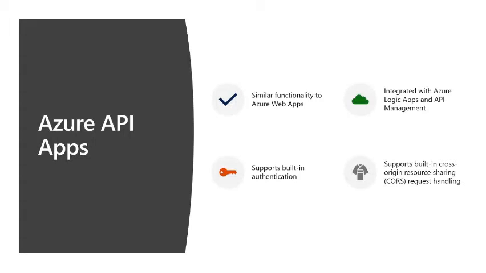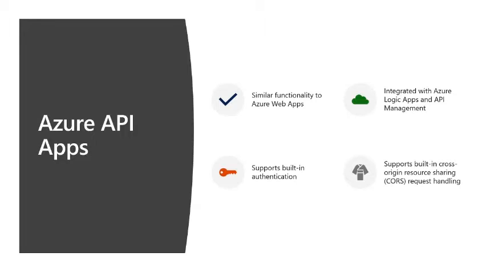Azure API Apps is a sibling service within Azure App Service that shares much of the same functionality as Azure Web Apps. Like Web Apps, API Apps has support for built-in authentication and cross-origin resource sharing, request handling.